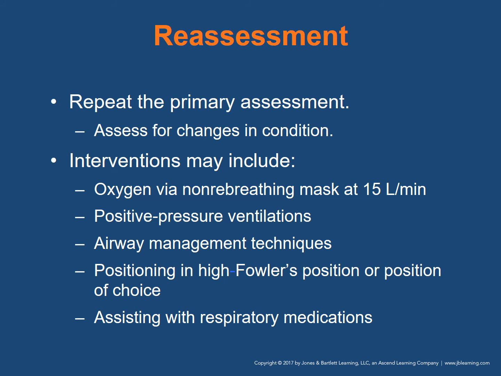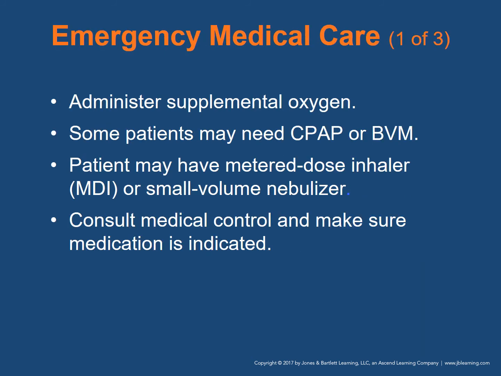What are my vital signs? Do I need to give them more or less oxygen? All of those things are going to be measured appropriately. I'm going to look at whether or not, instead of the CPAP, I need to get to the bag valve mask to support and assist their ventilations.